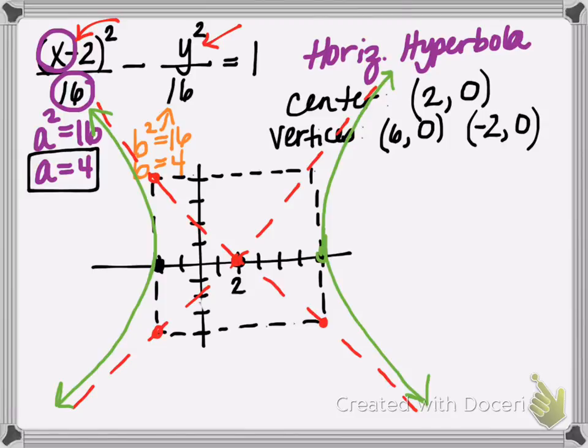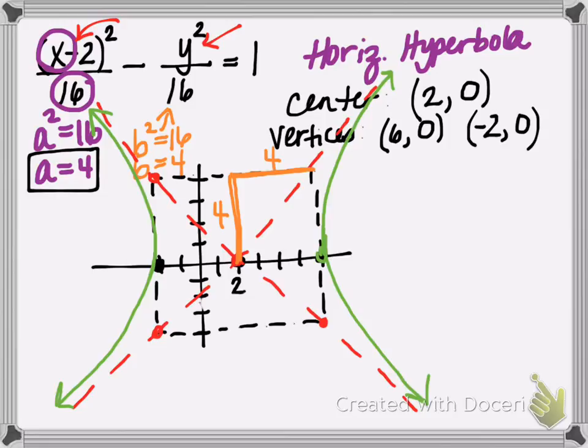So we have our center, we have our vertices, and lastly we want to find our asymptotes. We've drawn them, but we want the equation for these asymptotes. So remember, starting at the center, if you were to count your rise and your run, we went up a distance of 4 units, and then we went to the right a distance of 4 units.